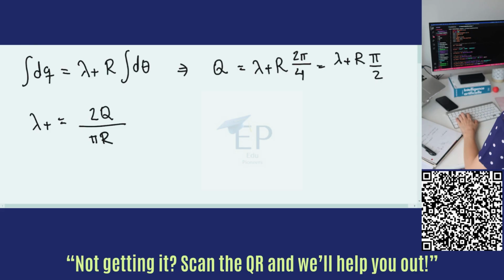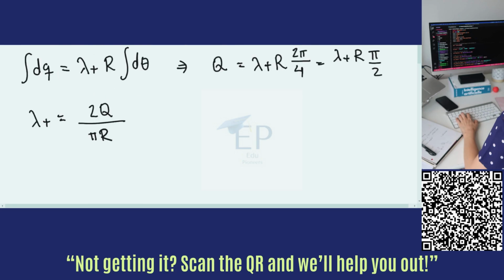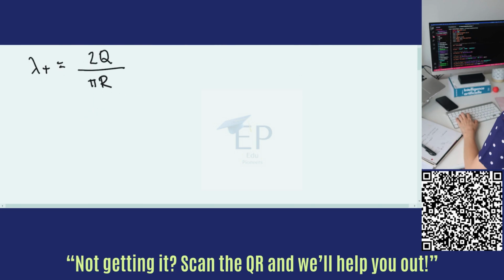This is for the positive segment of this circular uniformly distributed charge. Now, similarly, we can obtain the result for the negative segment.